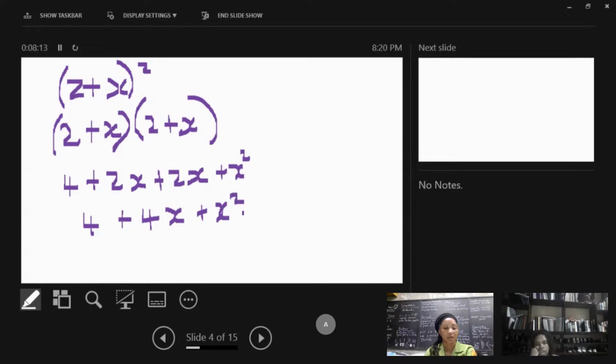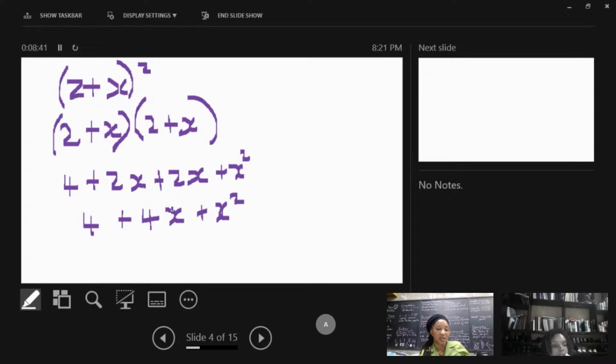All right. So does it follow the formula? A squared plus 2ab plus b squared. So 2 squared is 4, x squared is x squared, and then 2 times 2 times x would give 4x.